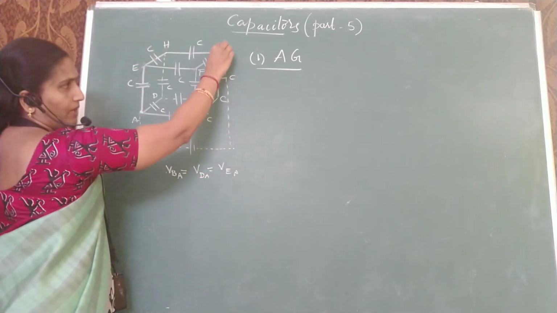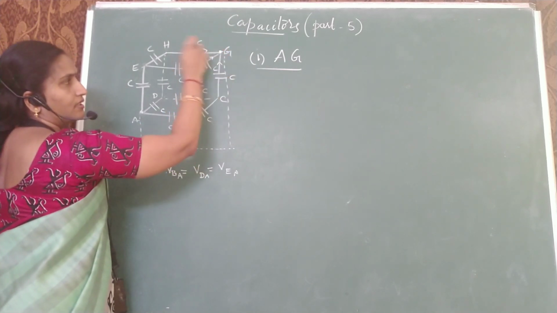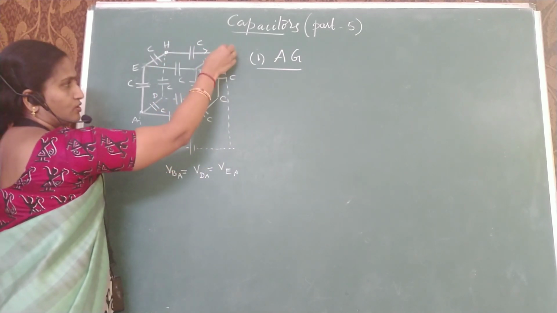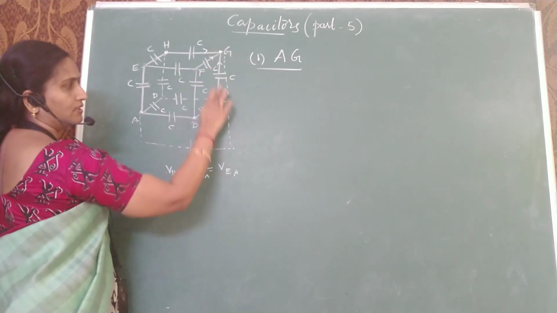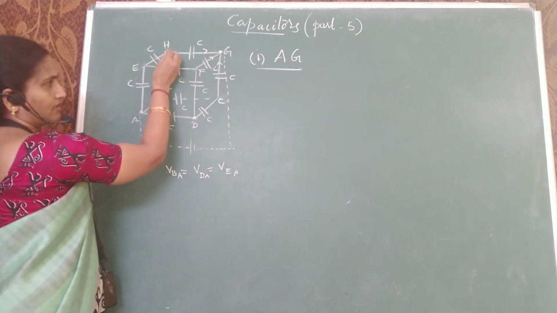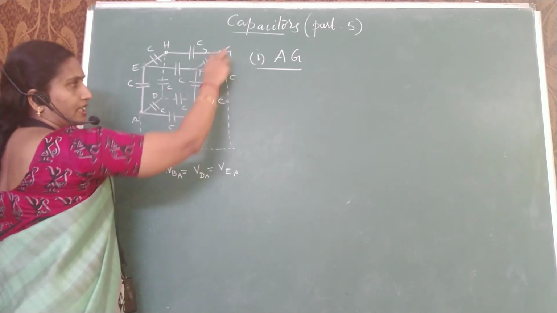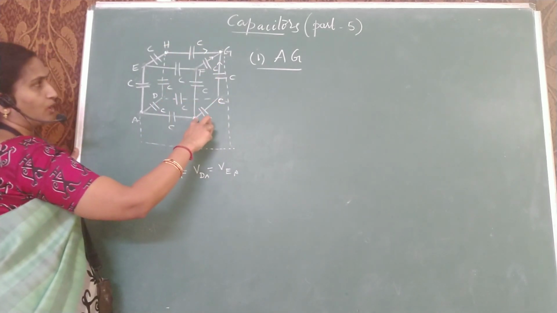Similarly, when you come back to the receiving end, again charge is coming from three equal capacitances. Potential at H to G, F to G and C to G. I repeat, because it's distributed as three parts, coming at the end as three parts. These three terminals are also at equal potential.